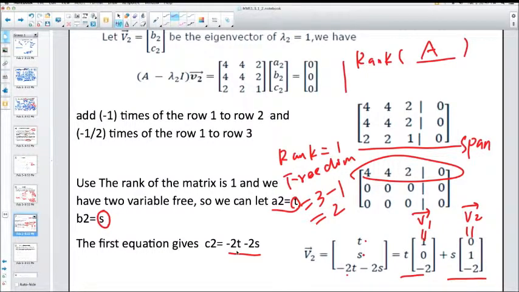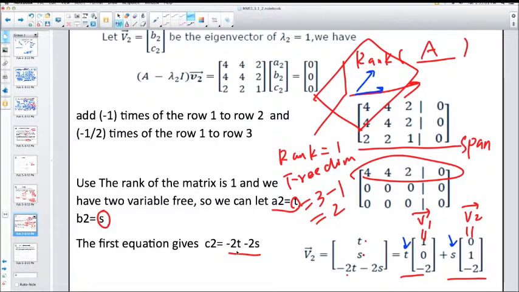Now, demonstrate one more time. If you get any plane, you can select any 2 not parallel vectors to make it a plane. Then the rest of them, just select the s and the t, you can fill the whole plane. So that's the eigenspace. It's 2D.